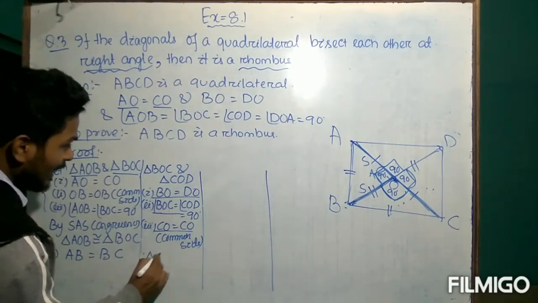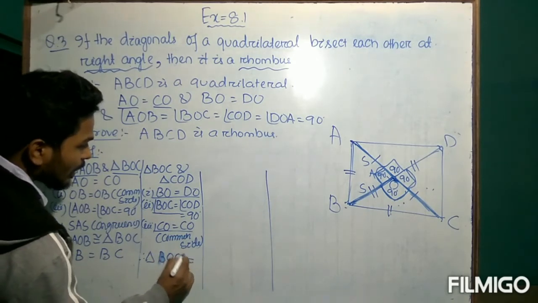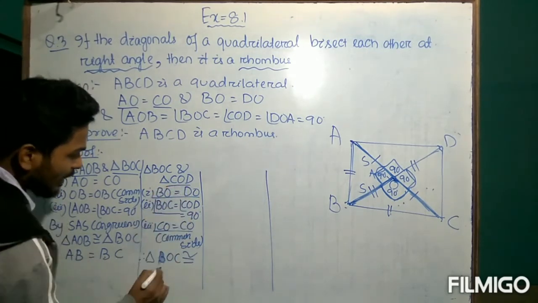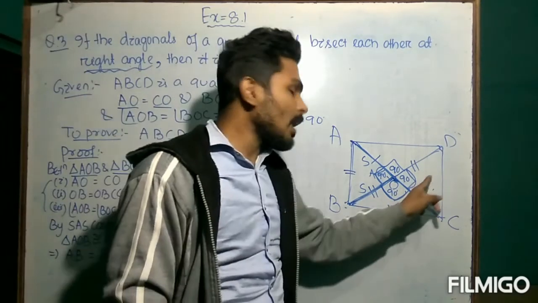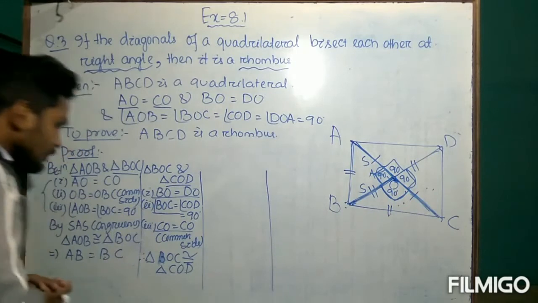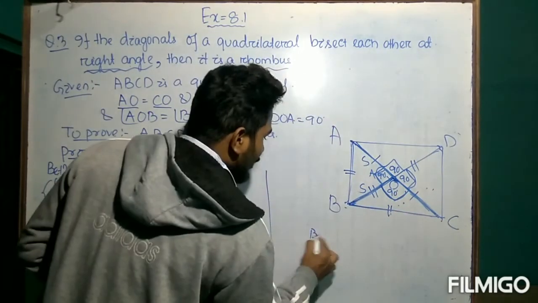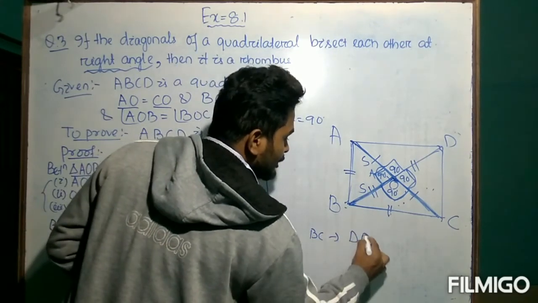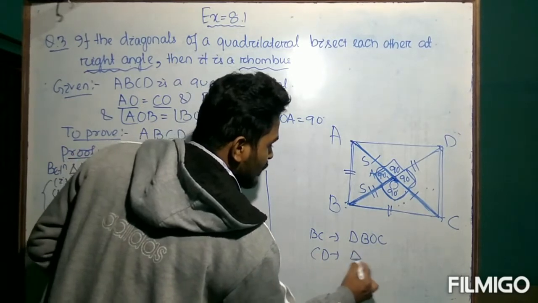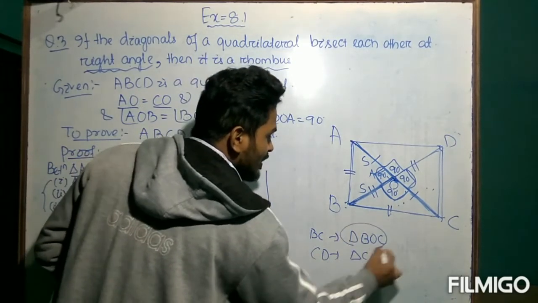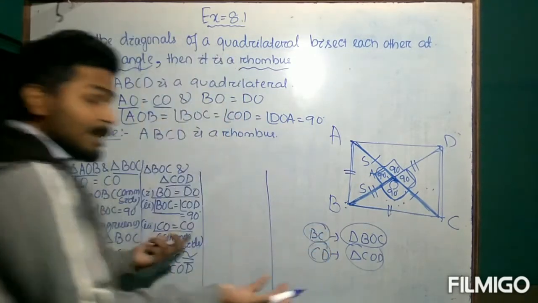So you can write triangle BOC is congruent to triangle COD. We have proved these two triangles are congruent. Understood? Next, we know BC is a side of triangle BOC and CD is a side of triangle COD, and these two triangles are congruent, so their corresponding sides must be equal.